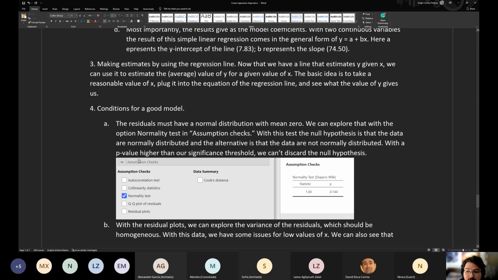With this test, the null hypothesis is that the data are normally distributed, the data here being the residuals, and the alternative is that they are not normally distributed. So with a p-value higher than our significance threshold, usually 0.05, we cannot discard the null hypothesis. Hence, we are satisfied with the normality of these residuals.